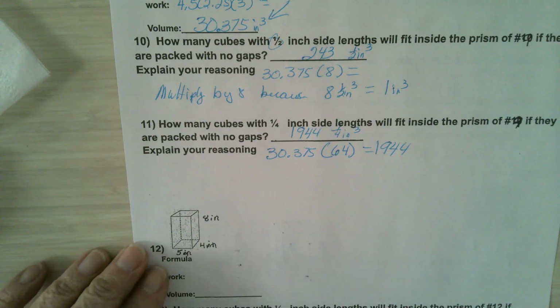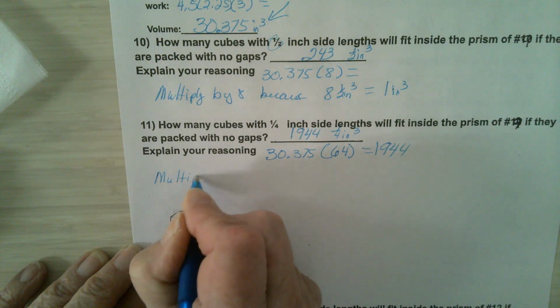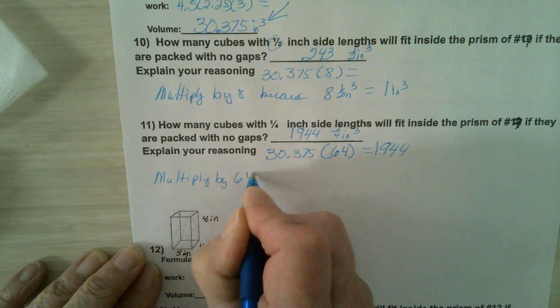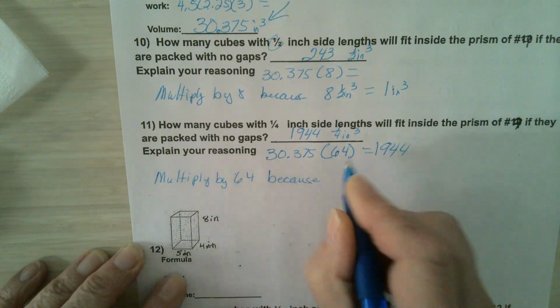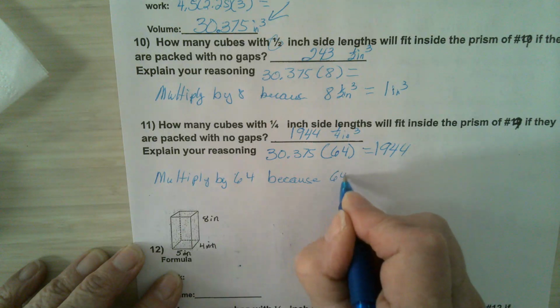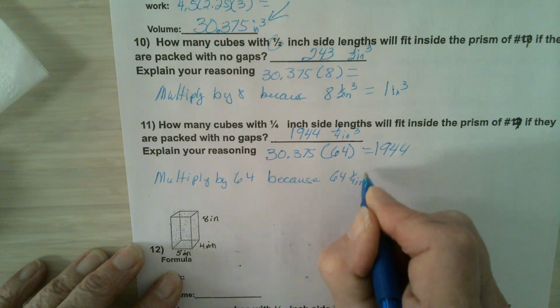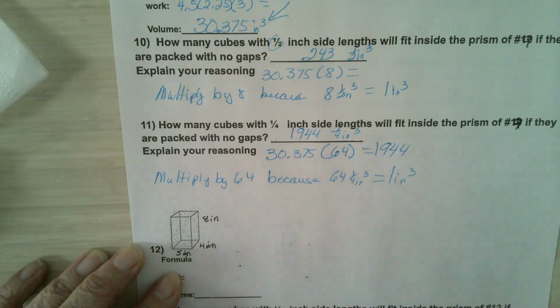Explain your reasoning. You multiply by 64 because 64 1/4 inches cubed equals 1 inch cubed.